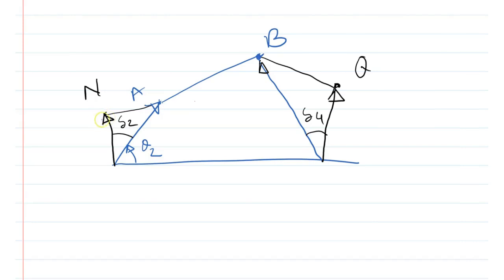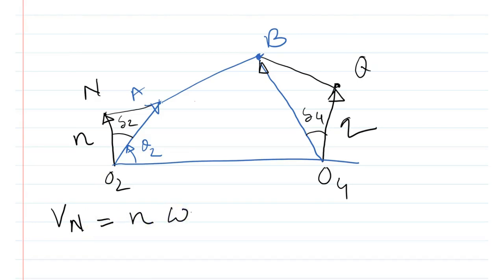Alright, so let's consider that now N is a point on an input link and Q is a point on the output link. So O2N and O4Q are two vectors. To get the linear velocity of these points, we can write down the respective link length. Let's say this is length N, and let's say this is length Q. So for V_N, the linear velocity of this point N, we can write N, the length of the link, and the angular velocity of that respective link, which is omega 2 in this case.